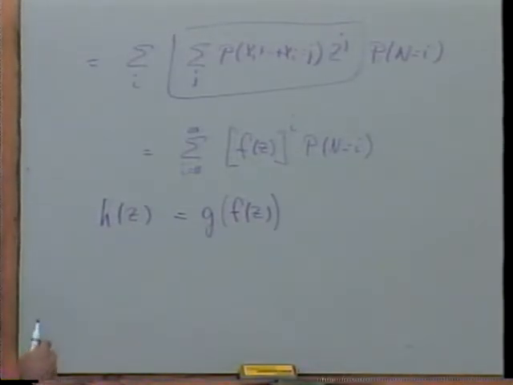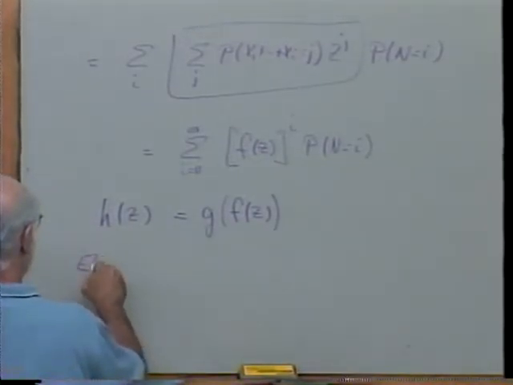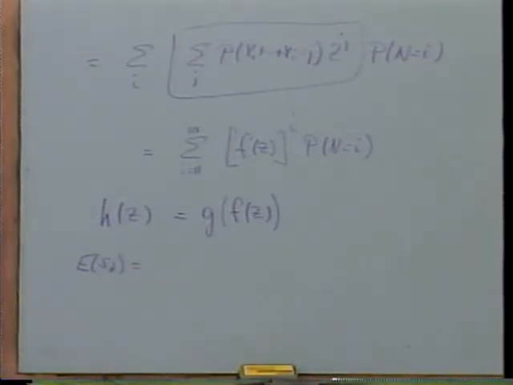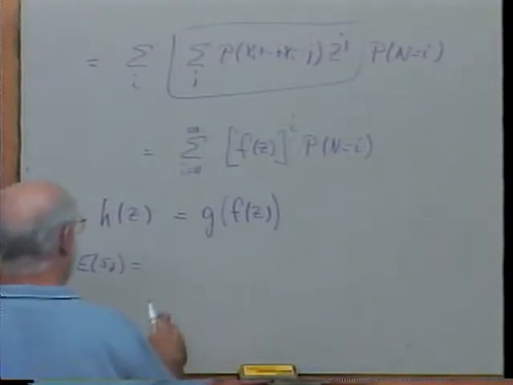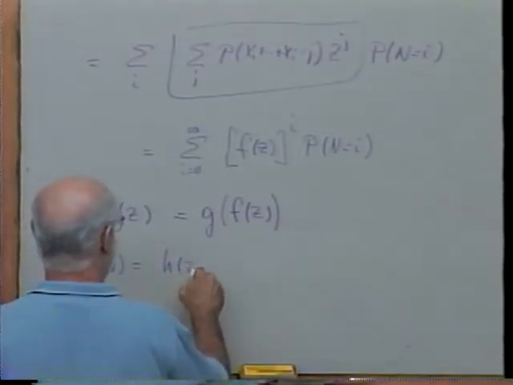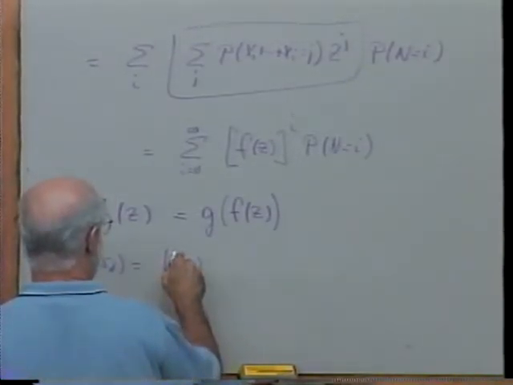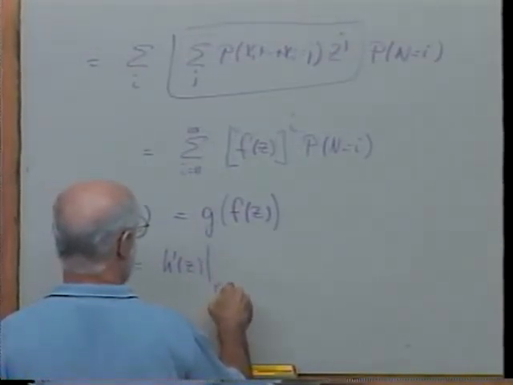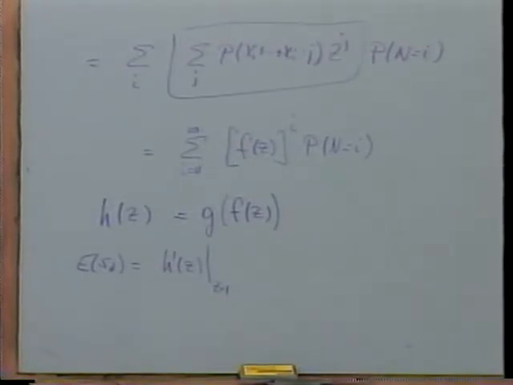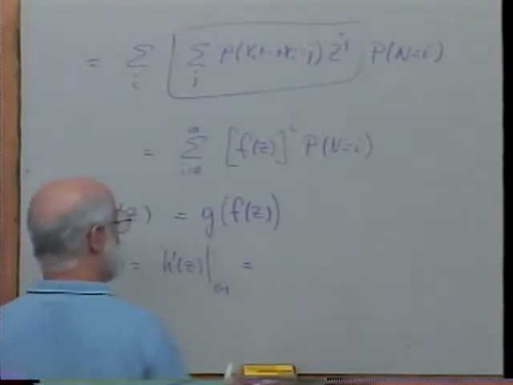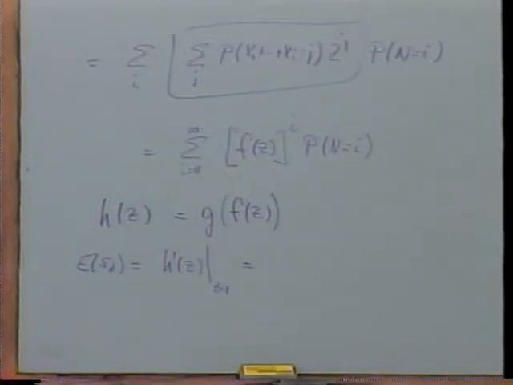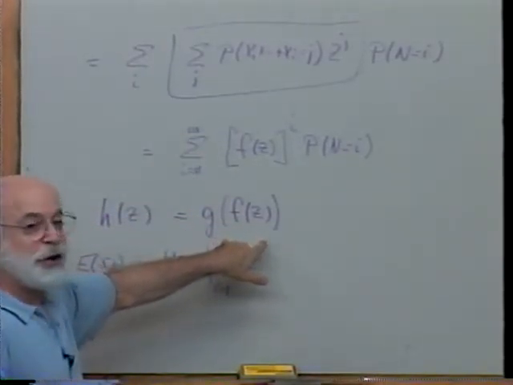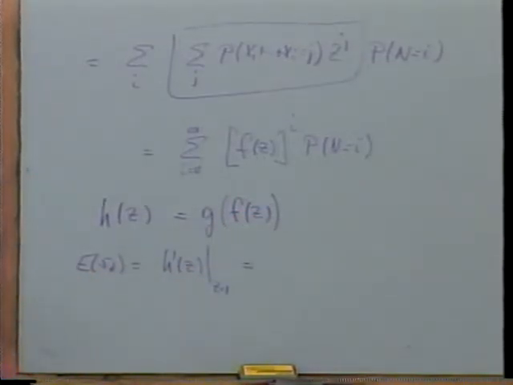For example, suppose now I wanted to calculate the expected value of Sn. Well, that would be h prime of z, evaluated at z equals 1. Okay, so now this stuff starts testing you on your freshman calculus, which I'm not very good at. Let's see if I remember it. I'm going to have to use the chain rule to differentiate because I have a function of a function.